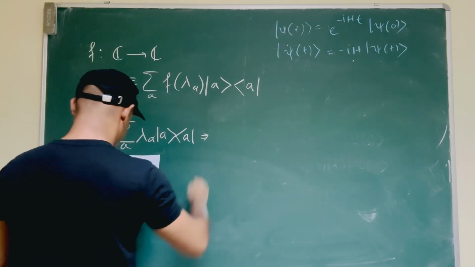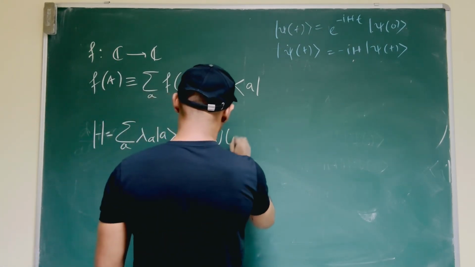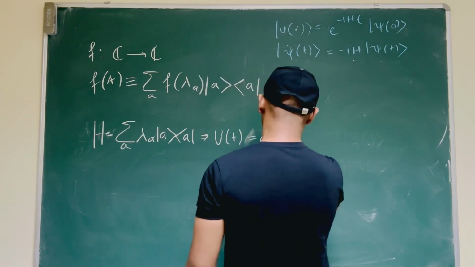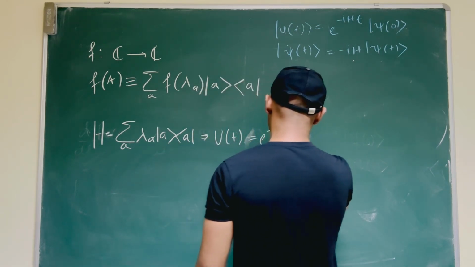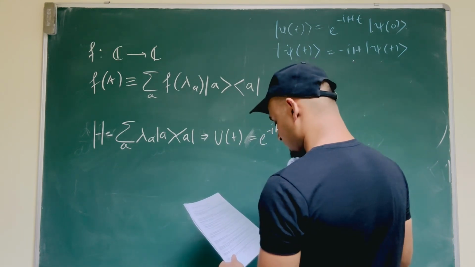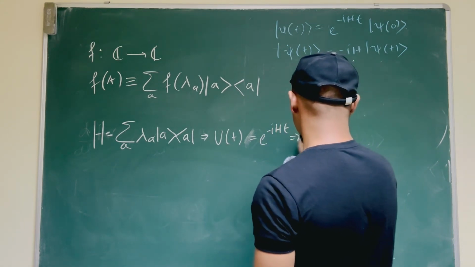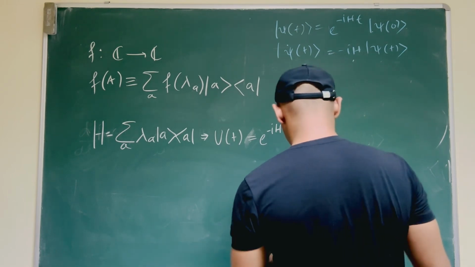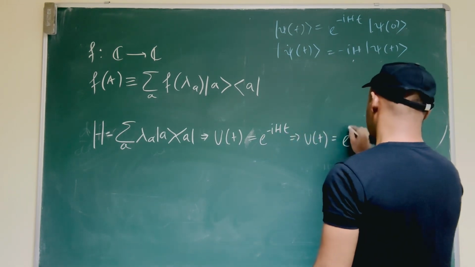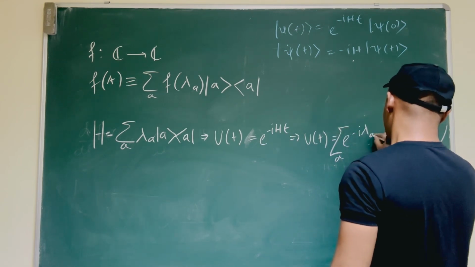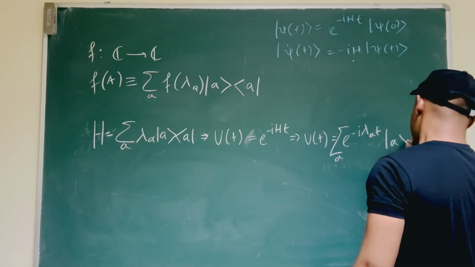It means that the unitary operator Ut, which is equal to e to the power minus iHt, you can write as e to the power, again by the spectral decomposition theorem, minus i lambda A t.